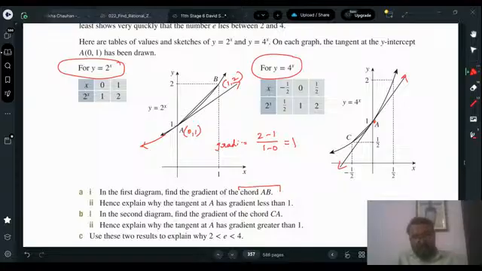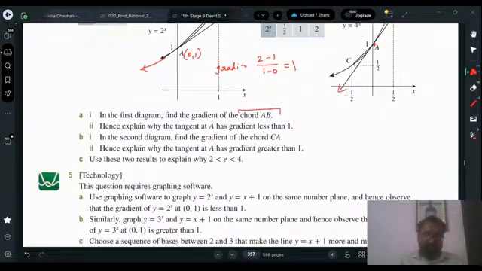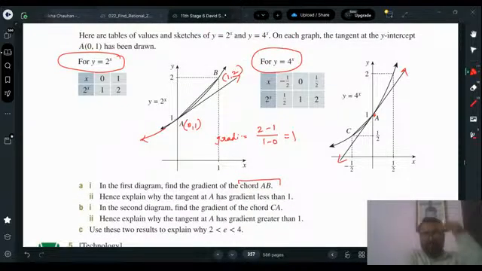Hence explain why the tangent at A has a gradient greater than 1. And use these results to explain 2 less than e less than 4. Use these two results too. Okay, we will use that result.